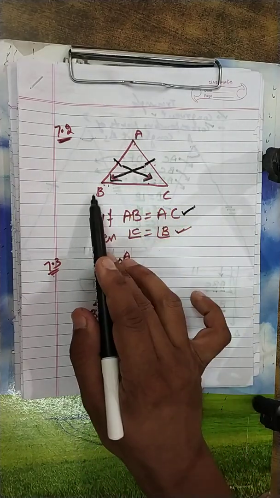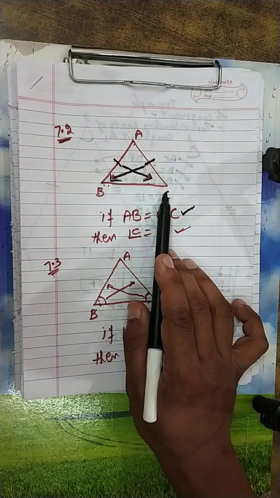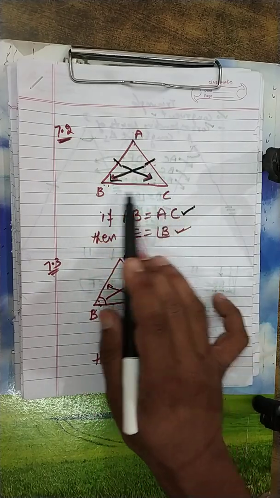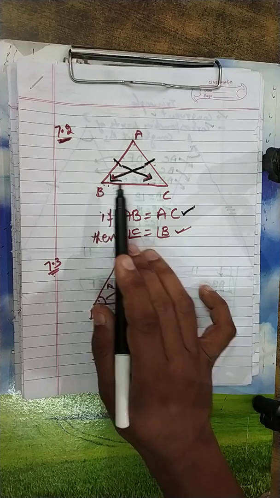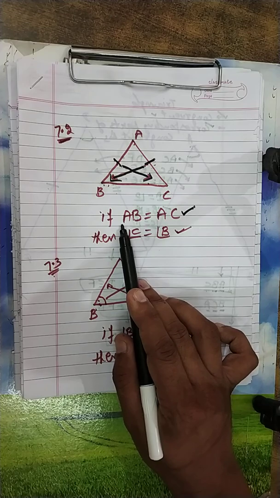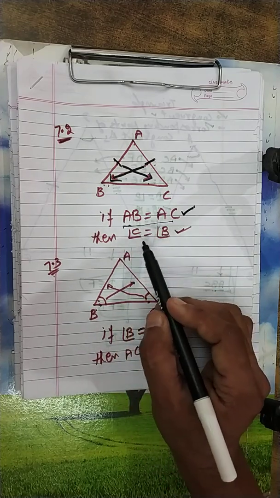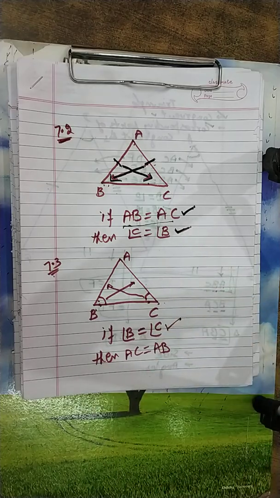If AB equals AC, the opposite angle of AB is C and the opposite angle of AC is B. So angles C and B are equal to each other. If the sides of the same triangle are equal, then their opposite angles are equal. This is the meaning of theorem 7.2.